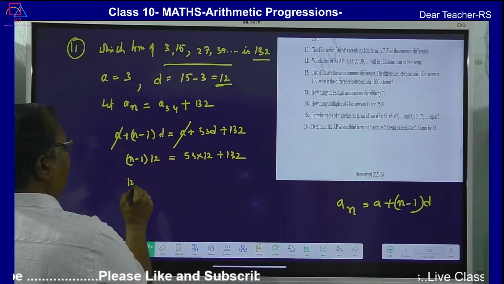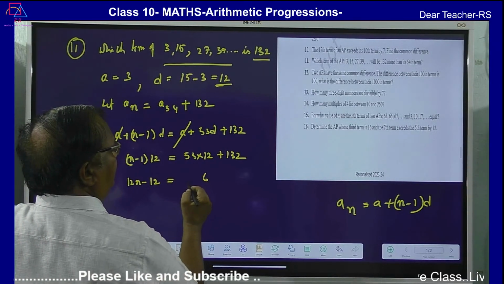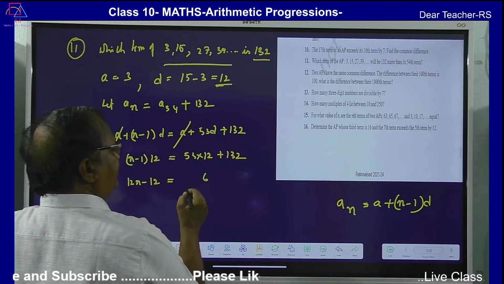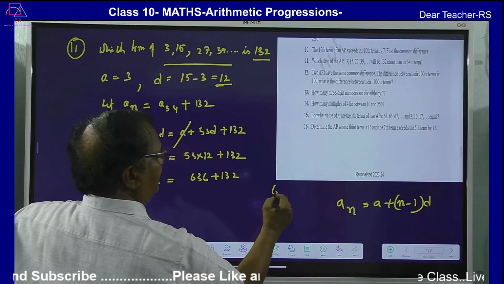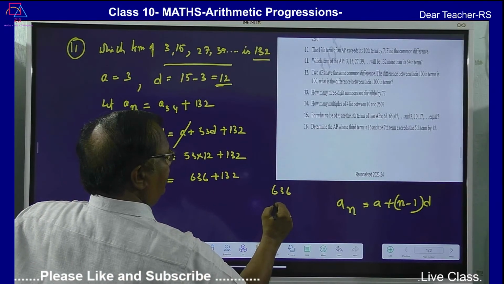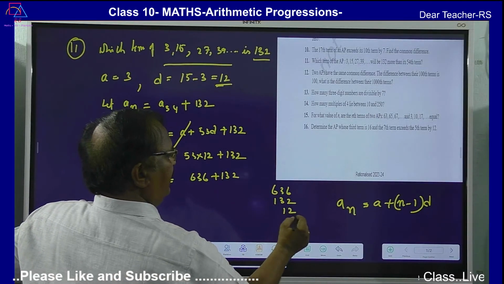So 12n minus 12 is equal to 53 times 12, 3 twelves are 36, 5 twelves are 60, so 636, plus 132, and this minus 12 will become plus 12.